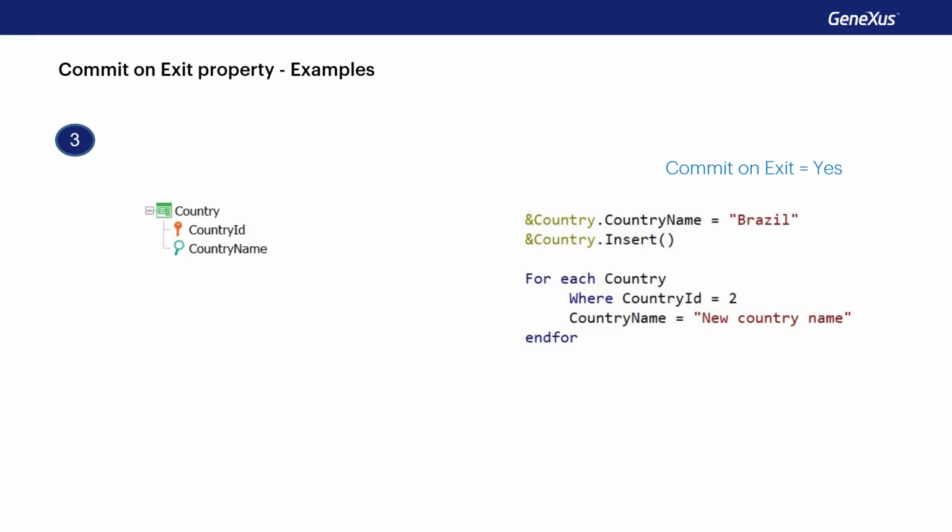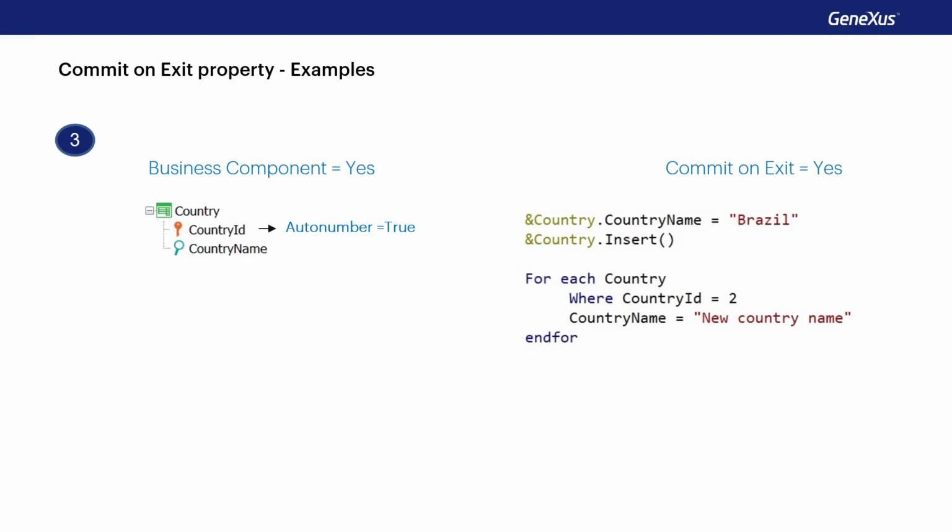Let's move on to the next example. Again, let's suppose that the same country transaction has been set as business component, and the source of the procedure is as shown. The country ID attribute is auto-numbered, and the procedure has the commit on exit property set to yes.